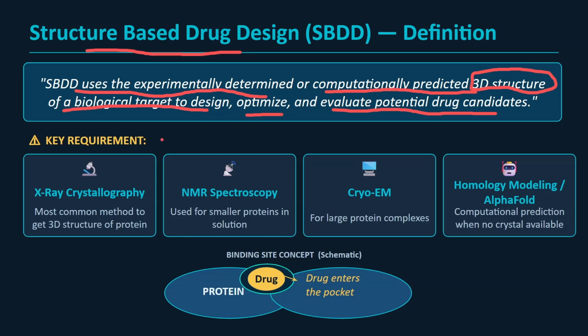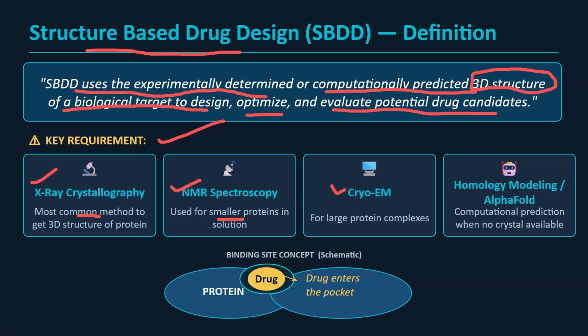This structure can come from different techniques like the X-ray crystallography, which is one of the most commonly used techniques to give a very accurate protein structure. Next is the NMR spectroscopy, used for the smaller proteins in solution.